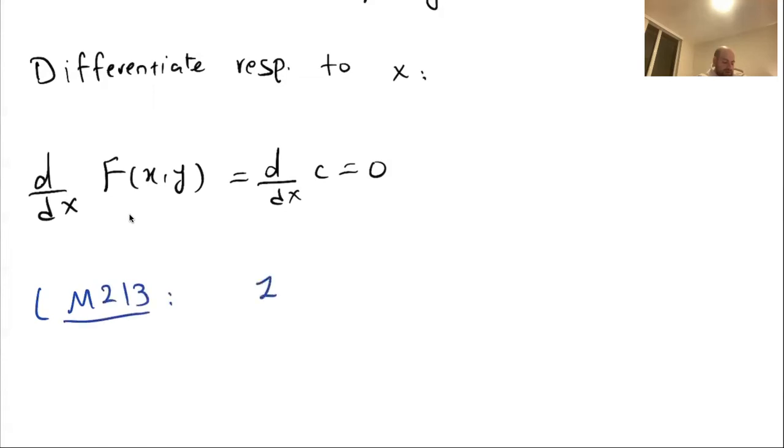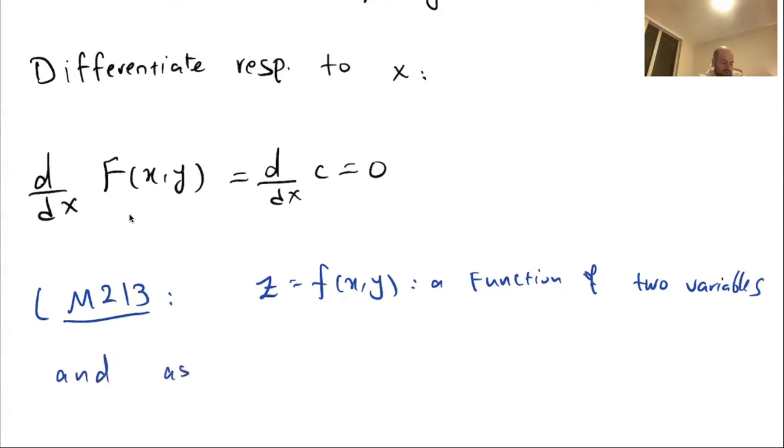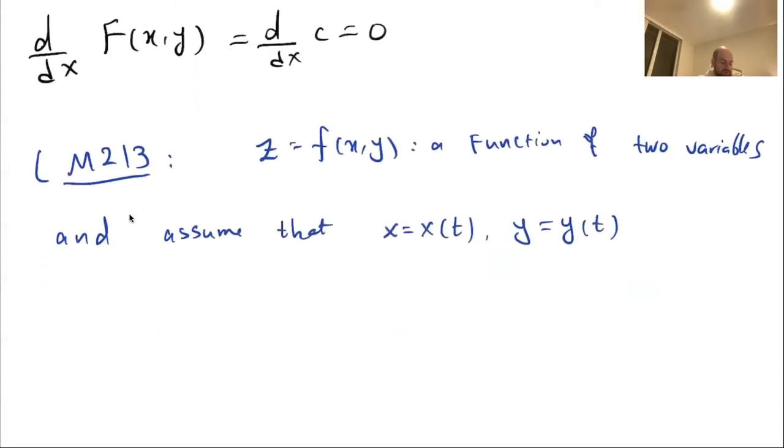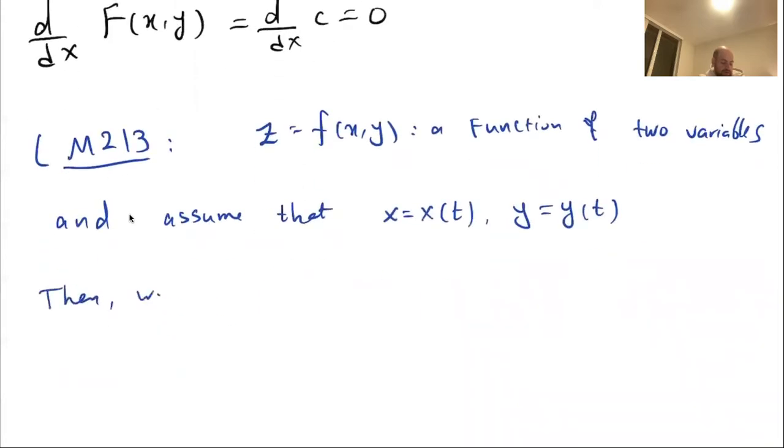So if, let's say, z equals f of x and y, a function of two variables, and assume that x is equal to x of t and y is equal to y of t, then we can find dz/dt using the chain rule, using the multivariable chain rule.